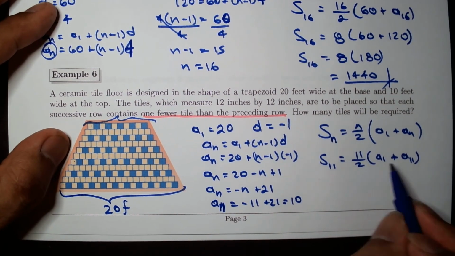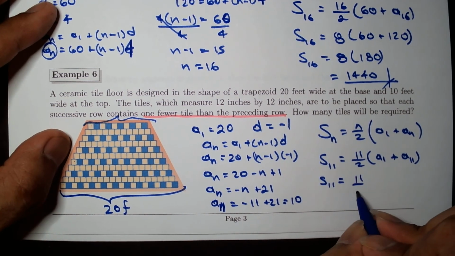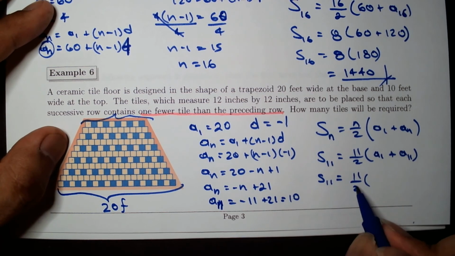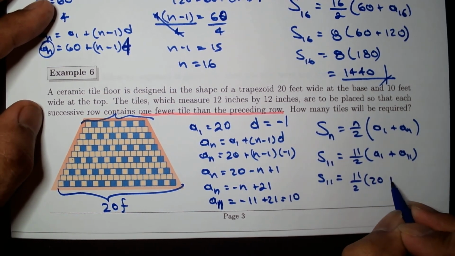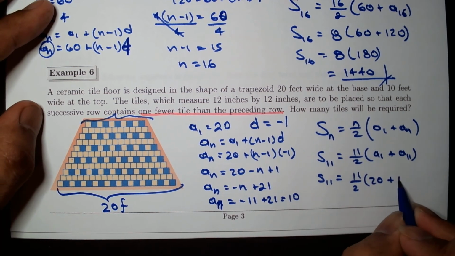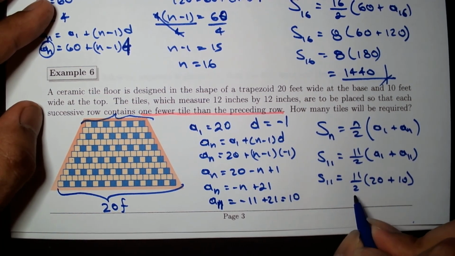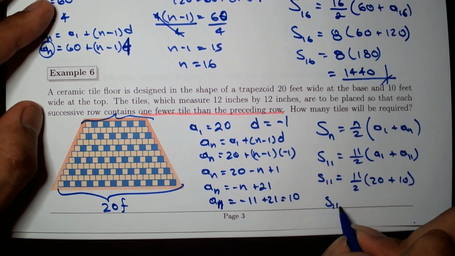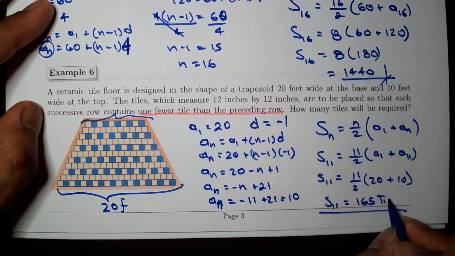Don't worry about the fraction here; it's going to be an integer, of course. So a sub 1 is 20, and the 11th term is 10. 20 plus 10, that's 30. 30 divided by 2 is 15. 15 times 11. So we have a total of 165 tiles.